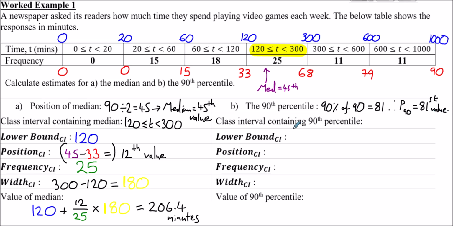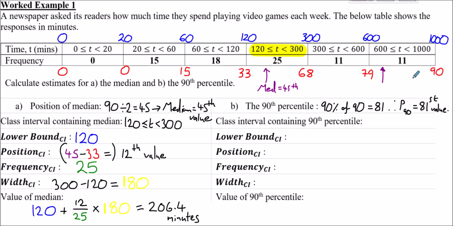Now we need to think about the class interval containing the 90th percentile. Well, 81 is between 79 and 90. So we know that the 90th percentile must be in this interval here, between 79 and 90.